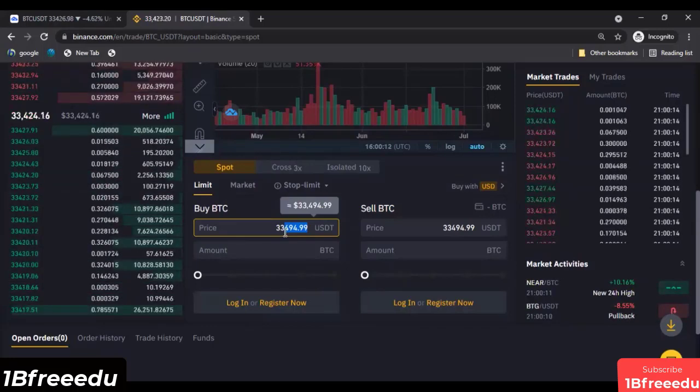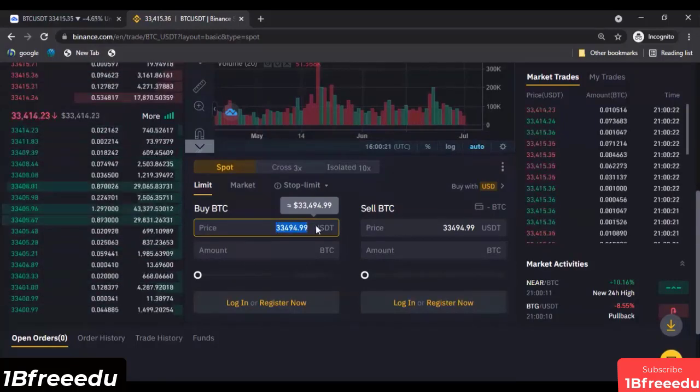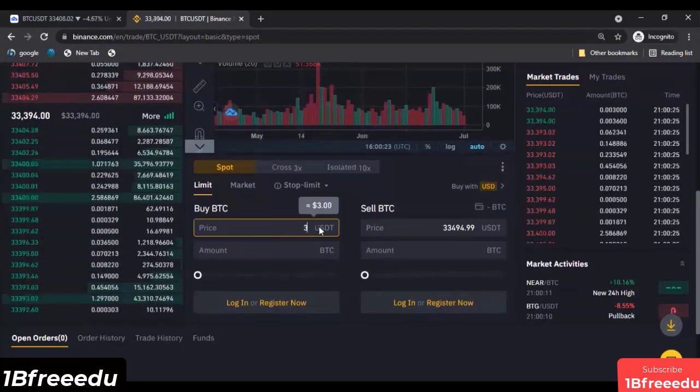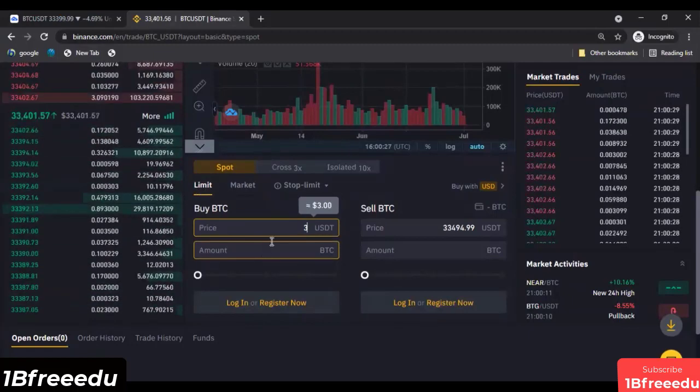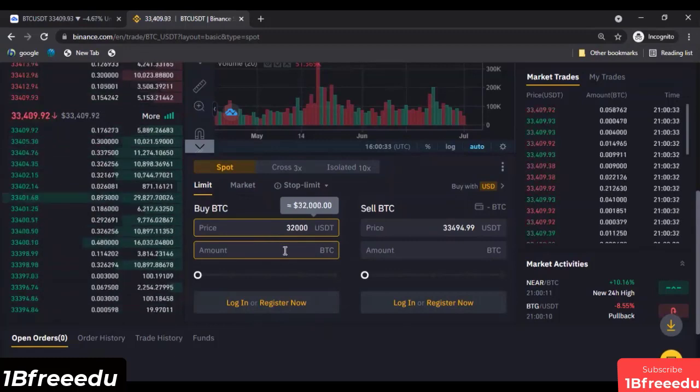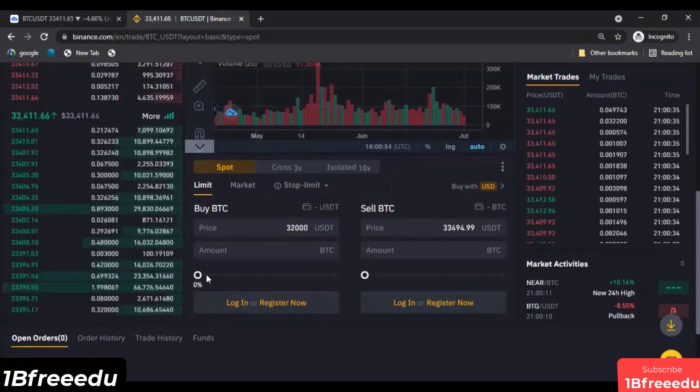If you say, according to my analysis, that BTC will go down to 32,000, what you will do right here is enter this amount, be sure that limit is set, and you will enter 32,000.